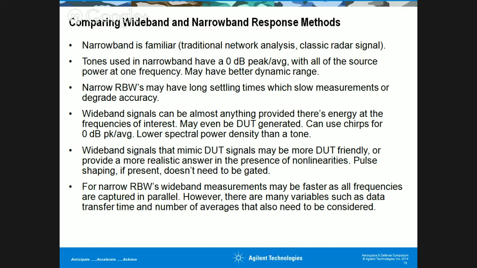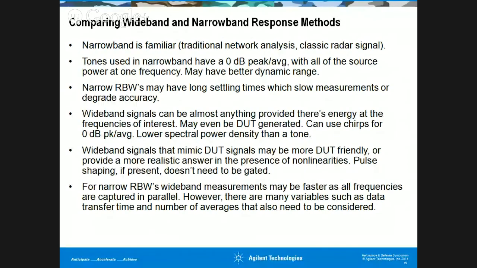So what does a wideband signal do? It gives you a DUT type of signal. It mimics your DUT. So wideband signals that mimic the DUT may be more DUT friendly in the measurement application, because you are getting a real-time kind of signal as if it is coming in from your system.